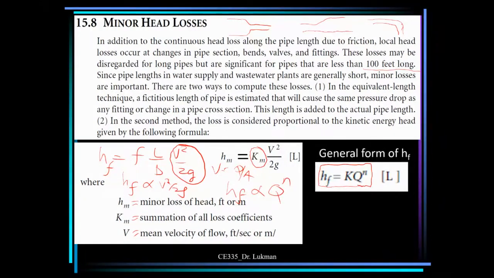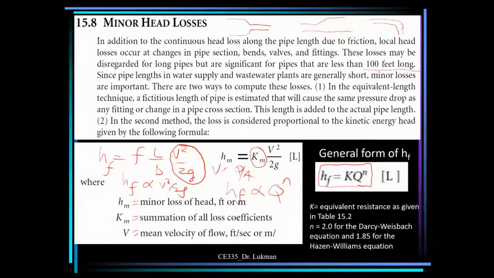Where K is called the resistance factor, a coefficient, and N is equal to 2 for the Darcy-Weisbach equation, and is around 1.85 for the Hazen-Williams equation. It can be different for another head loss formula, but for Darcy-Weisbach, N is equal to 2. K is called the equivalent resistance, and it is given in table 15.2.